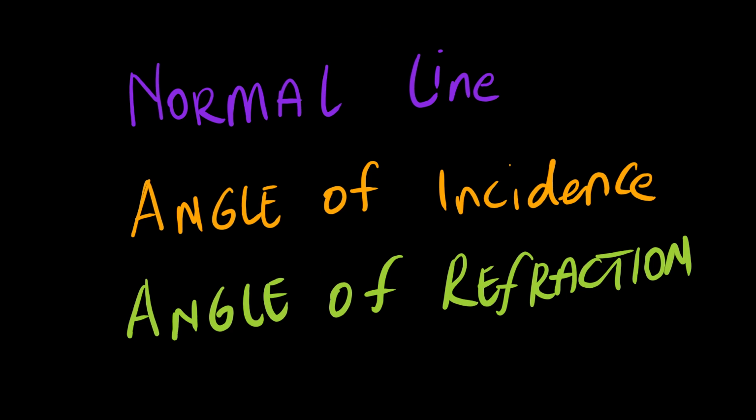In this chapter, we have what we call normal line, angle of incidence, angle of refraction. Before we go to this, let us further explain this refractive index. In this chapter, we have what we call optical density. There is a relationship between refractive index and the optical density of a material. Materials with high refractive index will also have high optical density.